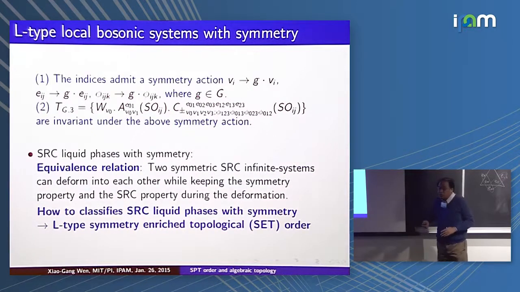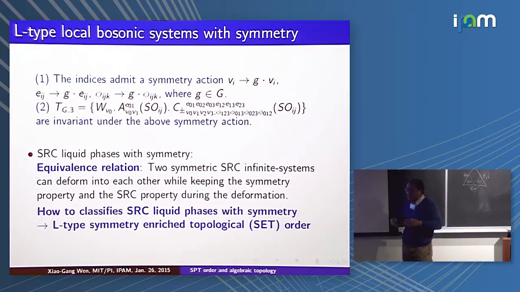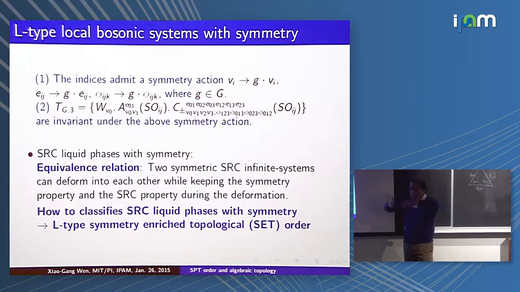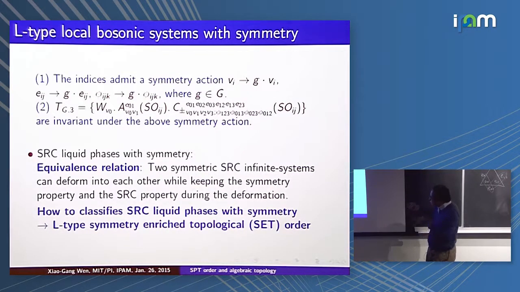So when you describe a phase with a symmetry, the equivalence relation gets smaller because we require the deformation path to satisfy the symmetry condition. Because the equivalence classes get smaller, you may have more equivalence classes. So there may be more phases when you have a symmetry.